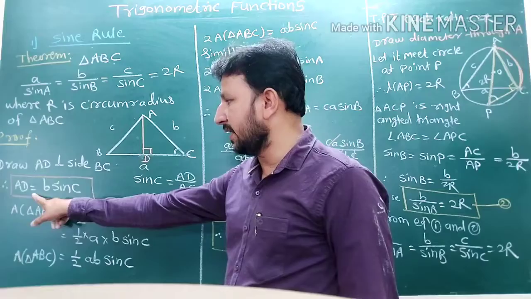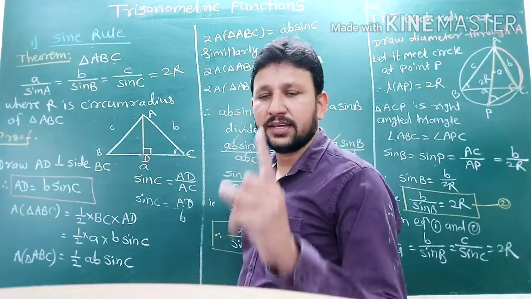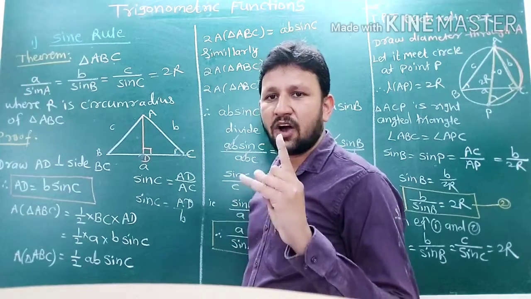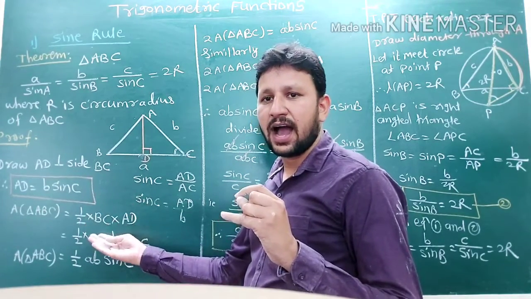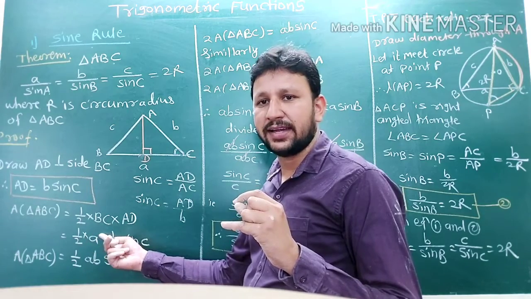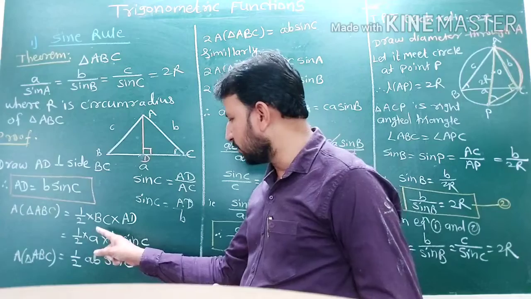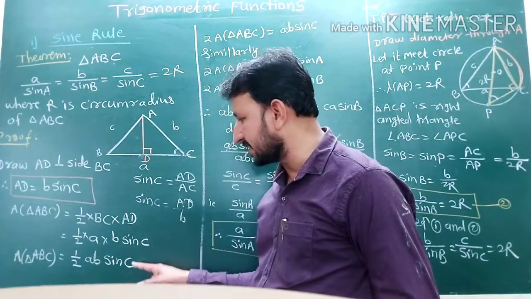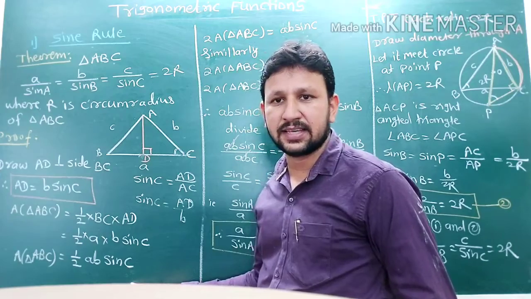Hence, AD is equal to b sine C, that is the height. Then we calculate the area of triangle ABC by the standard formula half into base into height. Base is BC, height is AD. Values for the length of BC and length of AD are substituted, and we get the area of triangle ABC.